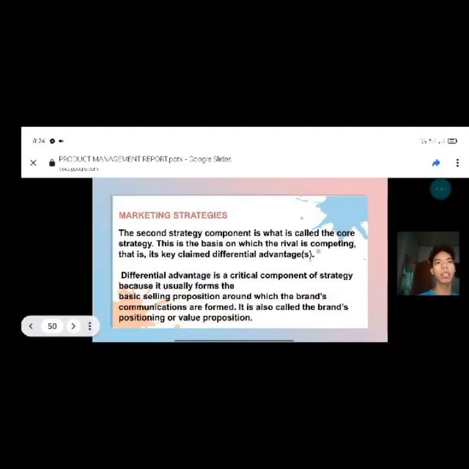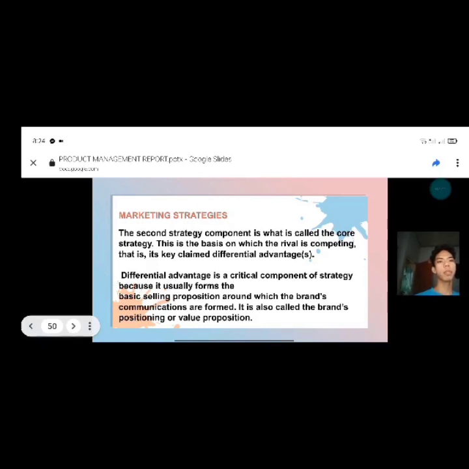The second strategy component is what they call the core strategy. This is the basis of the rival competing claim, the differential advantage. It is a critical component of strategy because it usually forms the basic selling proposition around which the brand's communication is formed.